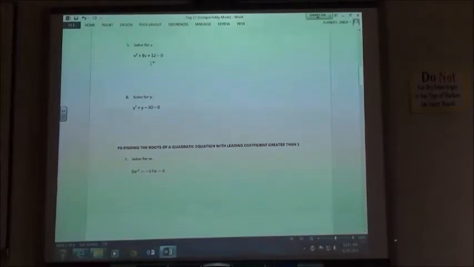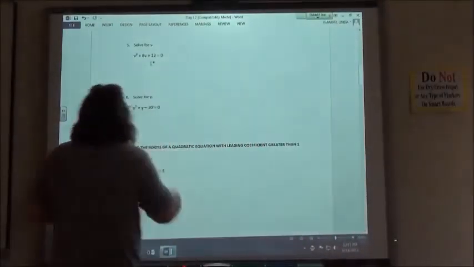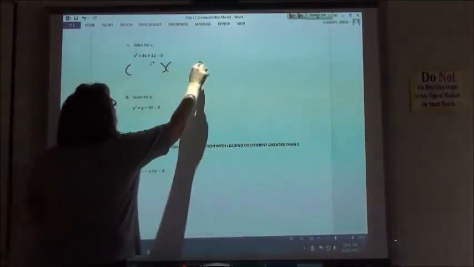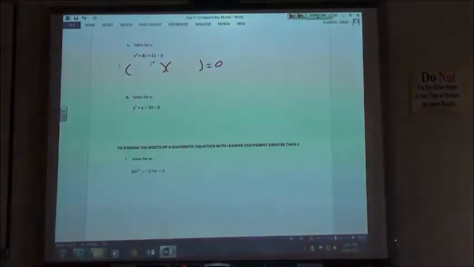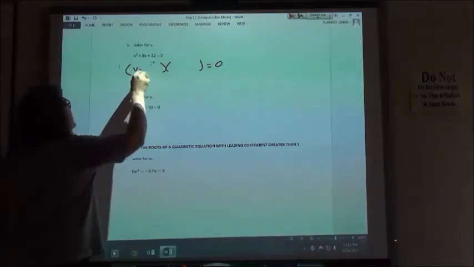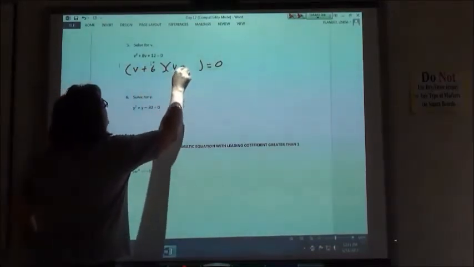Fix that for next time. So if I'm going to factor v squared plus 8v plus 12, that factors into what? V plus 6, v plus 2. V plus 6 and v plus 2.